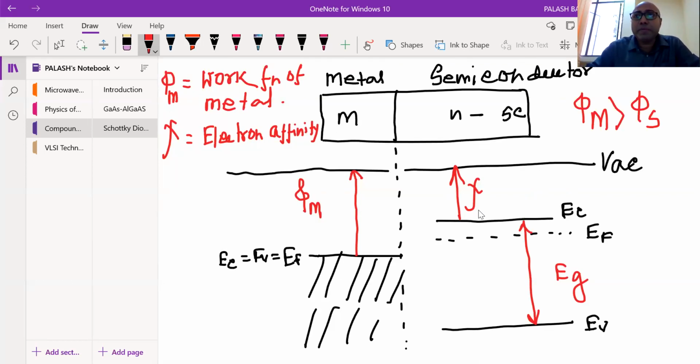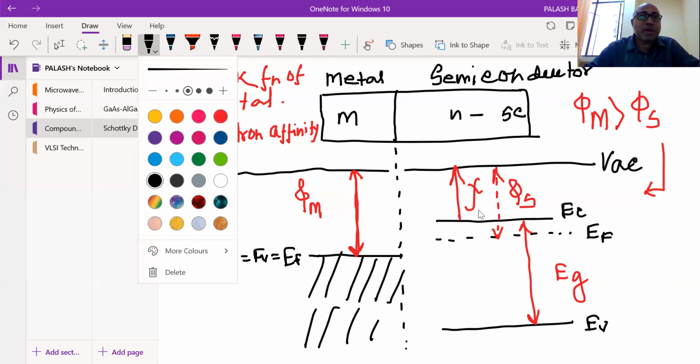This is the one condition people have written in the book, phi m greater than phi s. So you can understand, this is my phi m, and this is my phi s as per the book, right? You can see that phi m is greater than phi s, and that's why people write it.